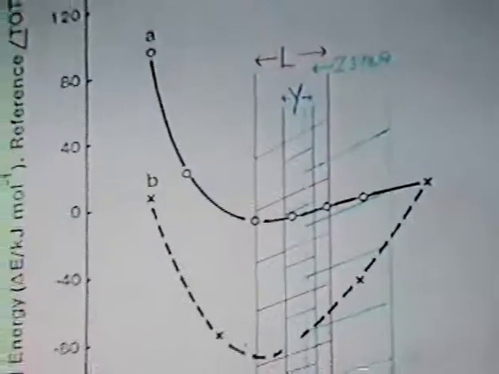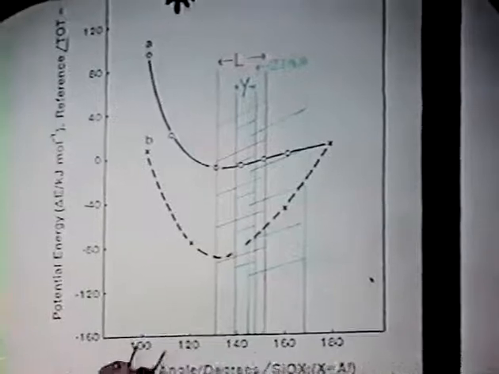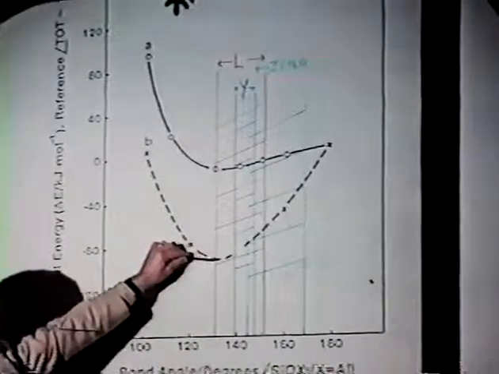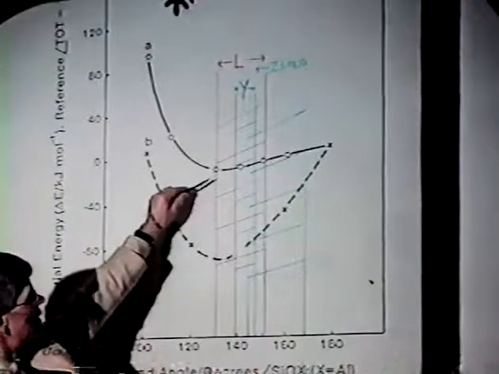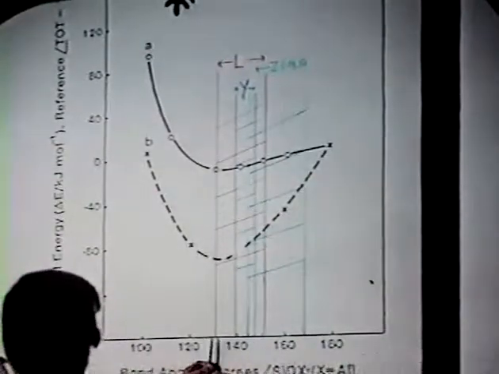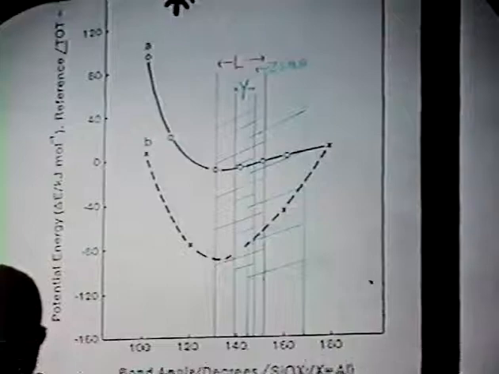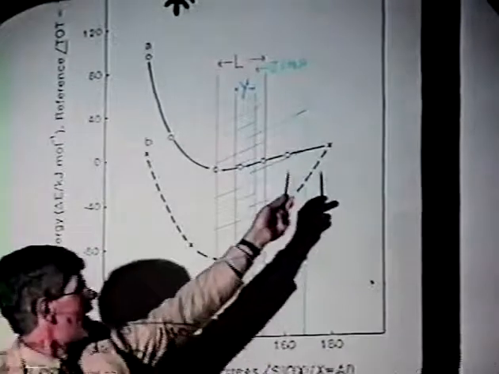The deprotonated form is here, and here's the protonated form, as a function of the silicon-oxygen-aluminum bond angle. And what one finds is that the energy it takes to deprotonate, to release the proton, is much higher if you have angles around 130 than if you spread that angle out towards 180.